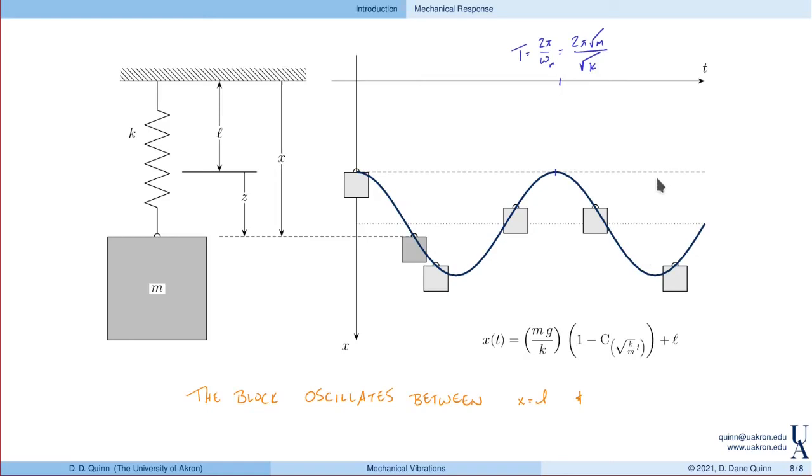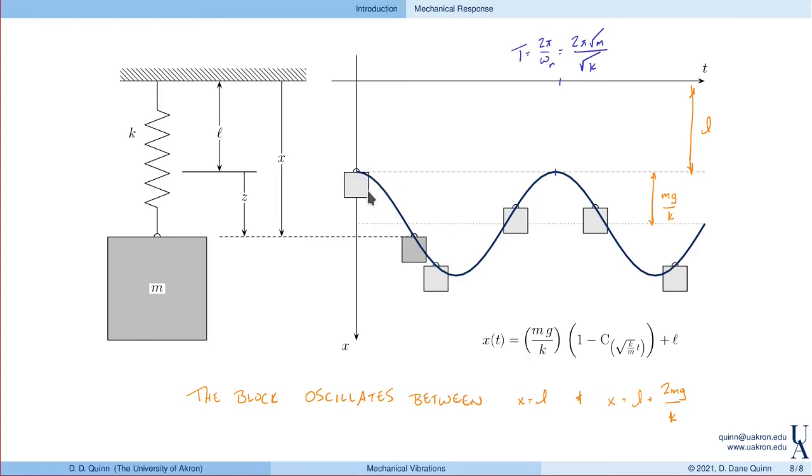Well, here, this amplitude is mg over k, and the total displacement here is twice that. Right? This distance is L. So again, this block will oscillate between L and L plus twice the static displacement.